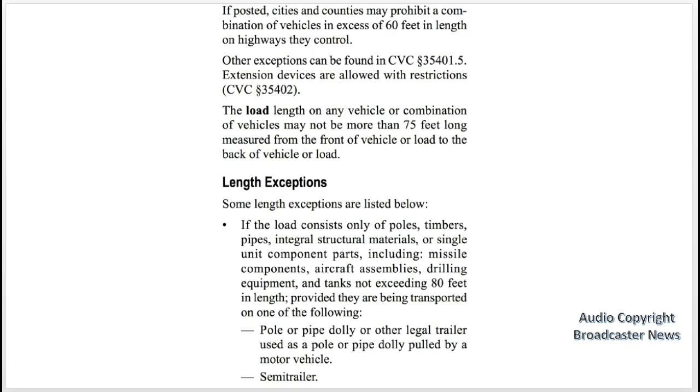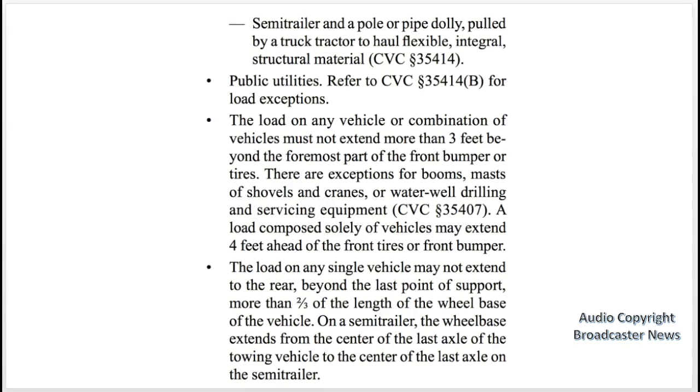A pole or pipe dolly or other legal trailer used as a pole or pipe dolly pulled by a motor vehicle. 2. A semi-trailer. 3. A semi-trailer and a pole or pipe dolly pulled by a truck tractor, or haul flexible integral structural material. For public utilities, refer to CVC 35414B for load exceptions.